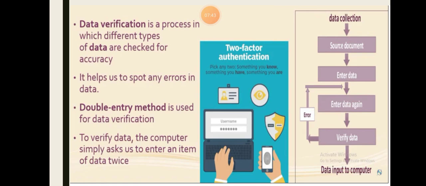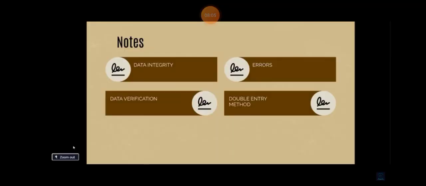You can compare the two items, the first one that you entered and the second one. If they match, it means your data has been verified. Otherwise there is an error. The error might be that your data is incorrect, your data has not been verified, something like this. Okay, if your data is verified, then your computer starts the processing and gives you the output.